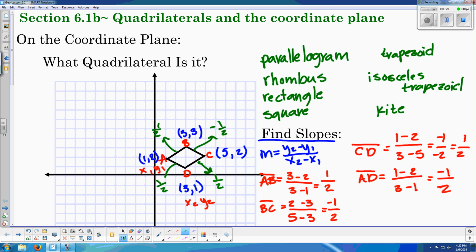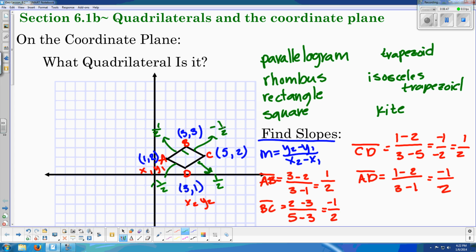Now let's think back to our properties. We know that a parallelogram has two sets of opposite sides that are parallel. To be parallel, they have to have the same slope, which we just found. So, is 1/2 the same as 1/2? Yes. So we have one pair of parallel lines, and then is negative 1/2 the same as negative 1/2?